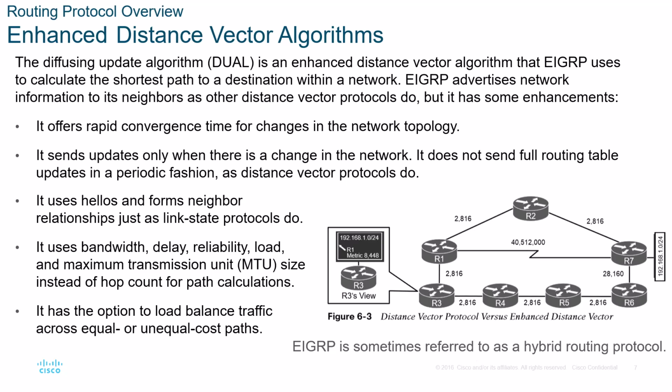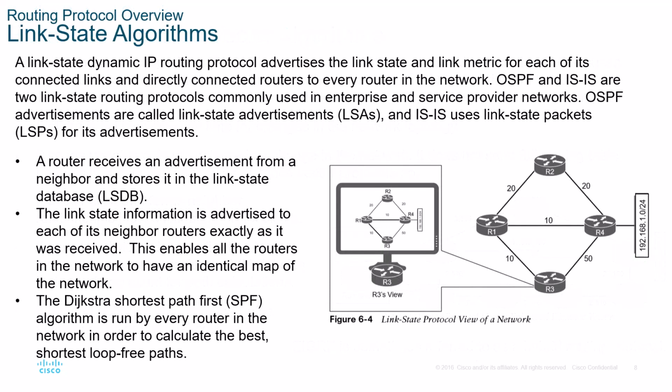instead of just an overview of this routing protocol. All right, since we talked about our enhanced distance vector, now let's go ahead and move on to our link state algorithms. So a link state dynamic IP routing protocol advertises the link state and the link metric for each of the connected links and directly connected routes.